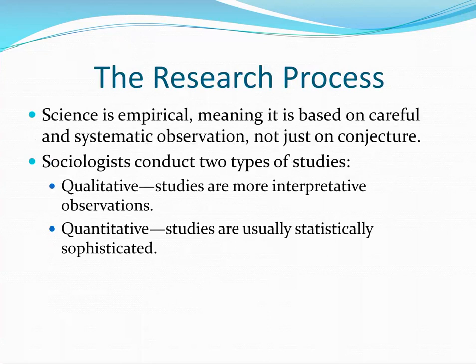I mentioned the idea that sociologists conduct two types of studies. They conduct qualitative and they conduct quantitative. Empirical research is both quantitative and qualitative research. Qualitative research can be things such as interviews, participant observations, or what we call ethnographic studies. That means that you're not collecting numbers.